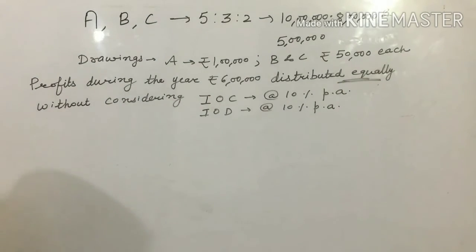These are to be distributed in the ratio of 5:3:2.